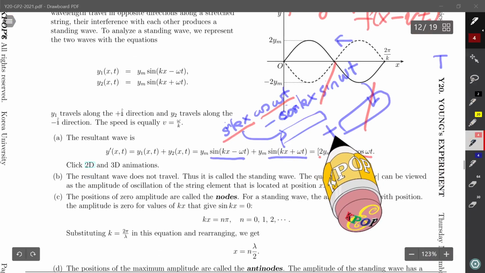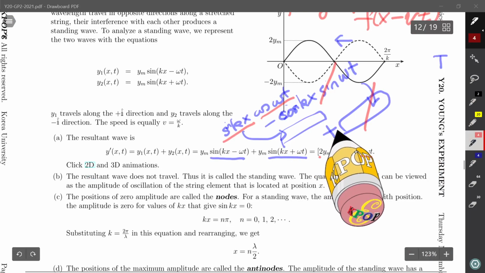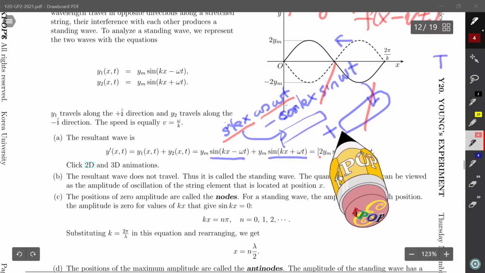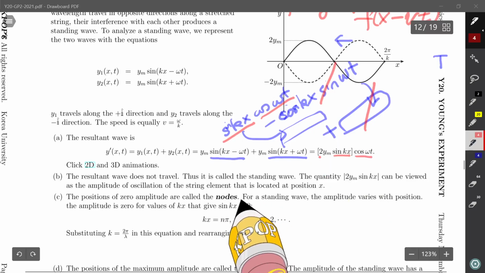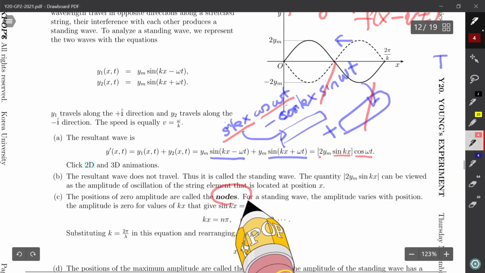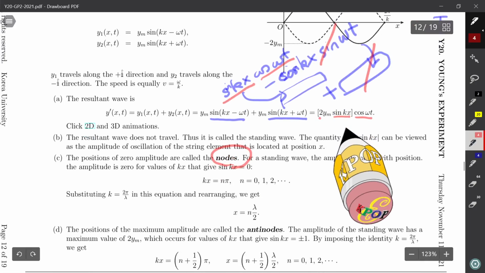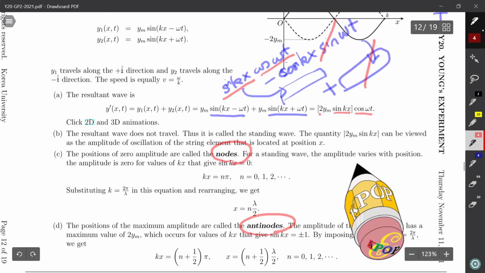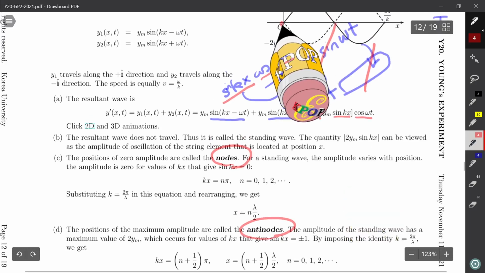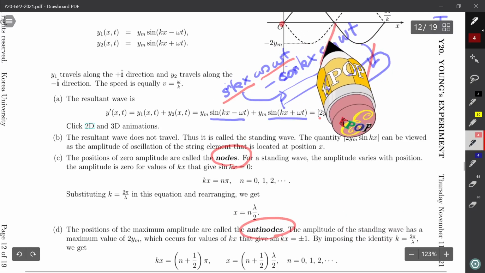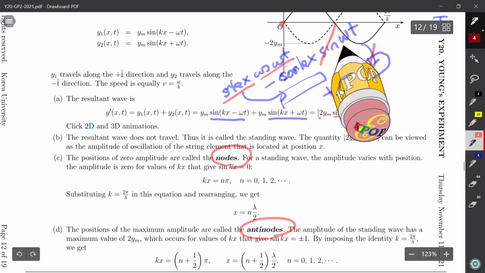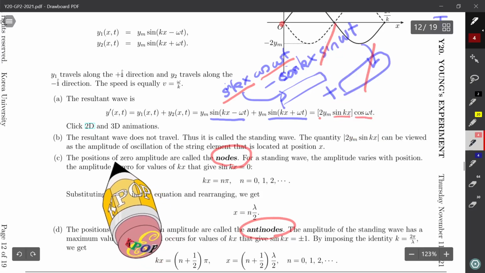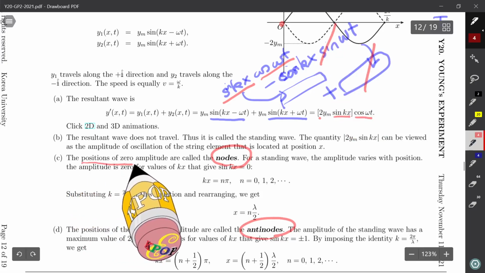Alright. In this standing wave, we have two important points: nodes and antinodes. Nodes are placed where we have a position of zero amplitude.